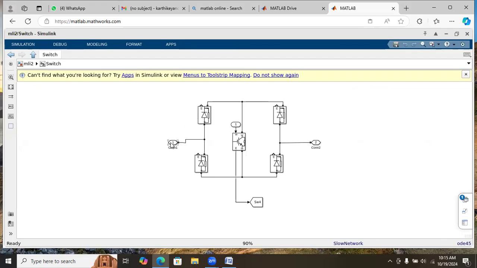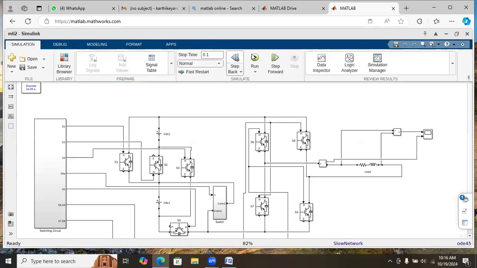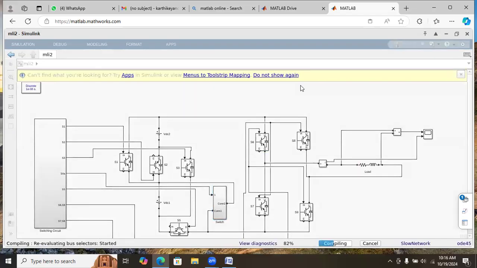During the positive cycle, the current flows from this point to the diode. Here the switch will be on, and to this diode, and it will flow through to the next end. And in the negative cycle, it will flow from this point, this diode, this switch will be on, this diode to this point. So it can be operated in both directions. Now again, we will run this simulation to see whether we get the same output or not.